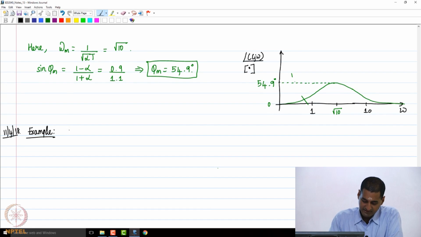The example that we are going to consider is a system or a plant whose transfer function is the following.